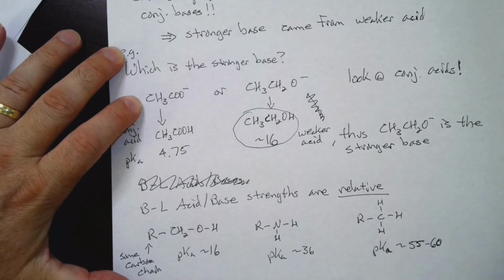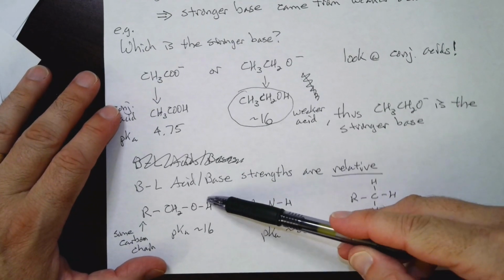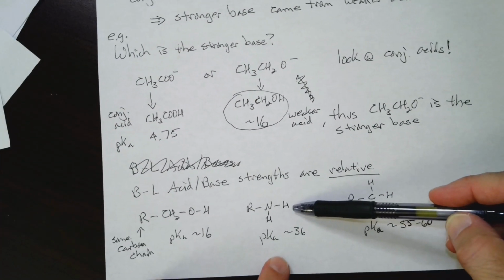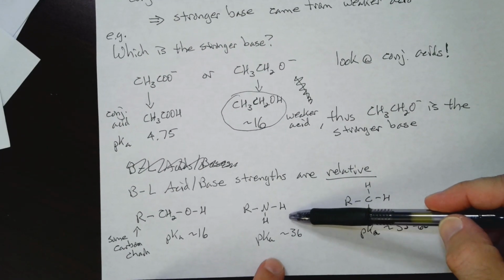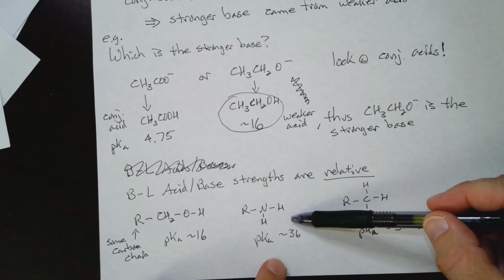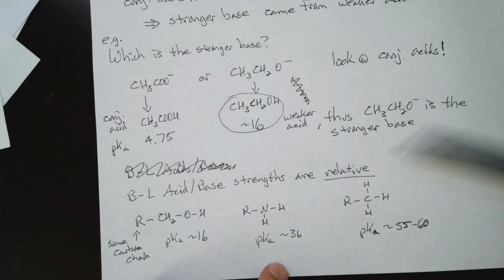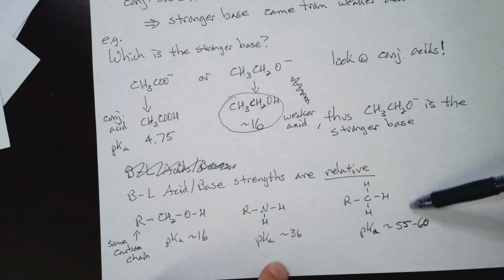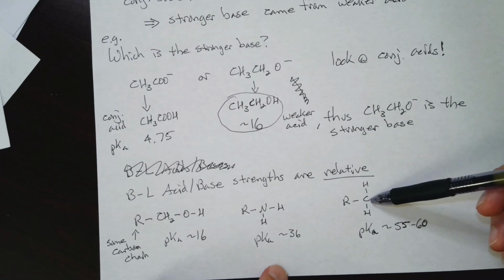These are widely different. We would say that our ethanol is a much stronger acid, 20 orders of magnitude stronger. That's 10 to the 20th times stronger an acid ethanol is than an amine. And that's, again, many orders of magnitude stronger than an alkane.